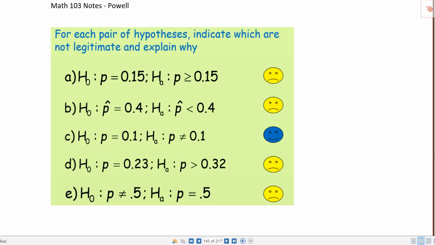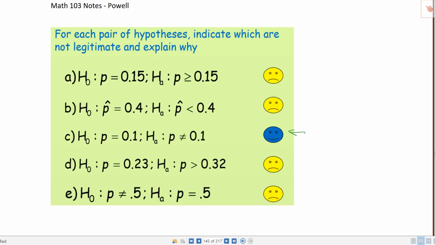We can see that C has the nice smiley face. So C is a null hypothesis and an alternative hypothesis that is written correctly. So take a minute, pause this, and go through and find the errors. And now we will go through and answer them.